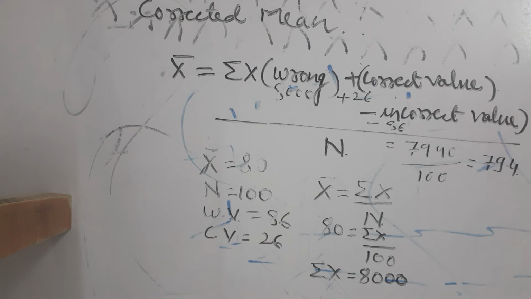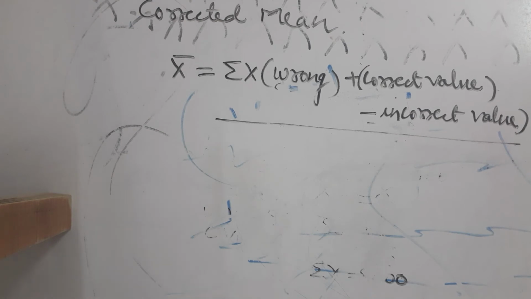Now this question is only for your information. We will take another question. Next question. See, the mean of weekly pocket money of 40 students is 265.